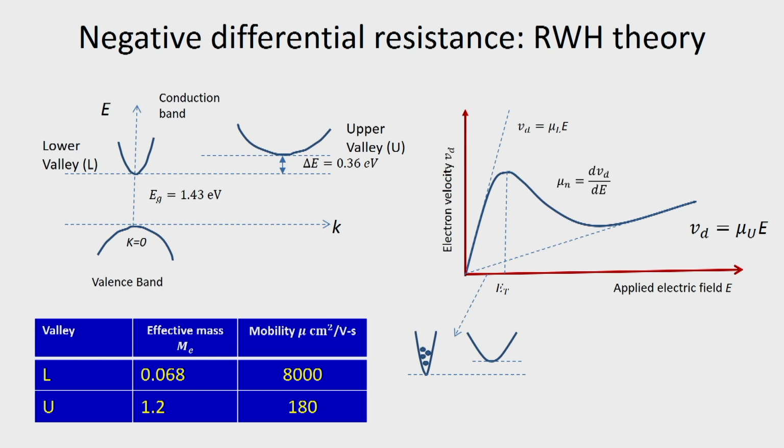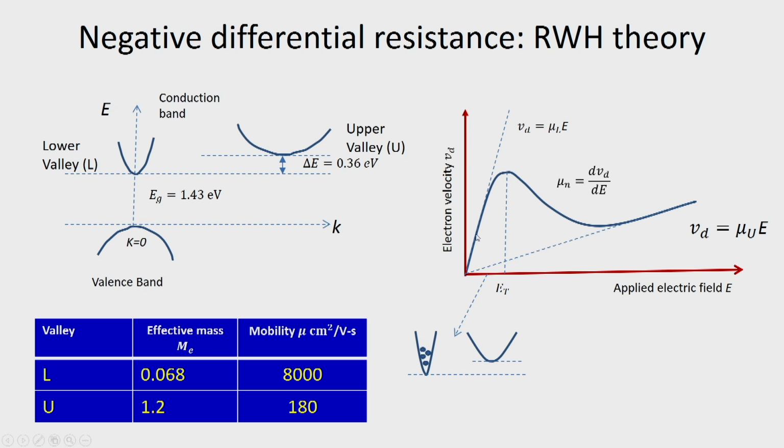Now, in this region we can see that as the applied electric field increases, the electron velocity increases. This is the average electron velocity or the drift velocity, and Vd is equal to mu_L E.